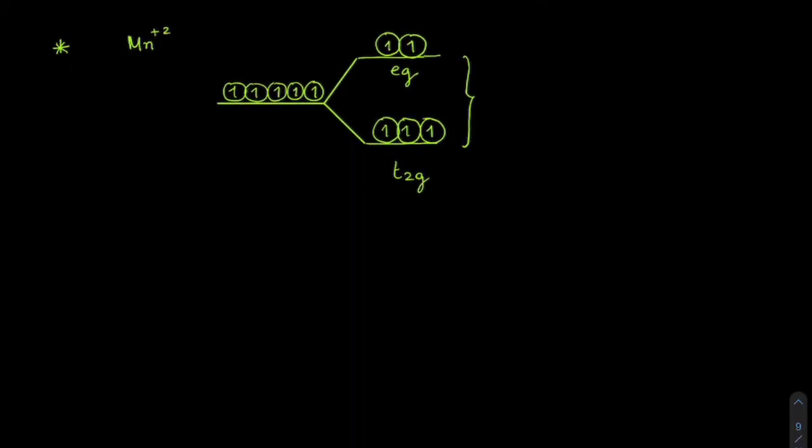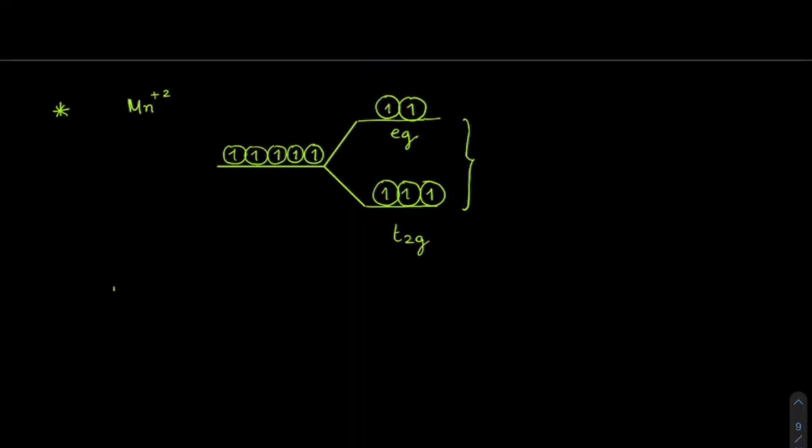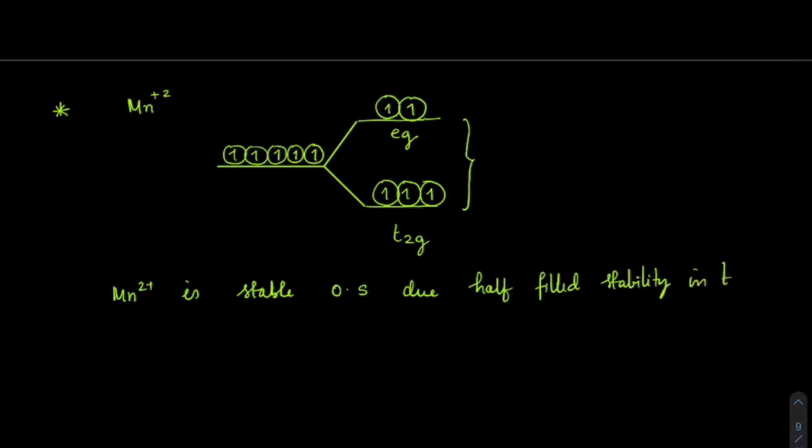Hence what you would observe here is that Mn +2 is a stable oxidation state due to half fill stability in T2g and Eg. This is for complexes.